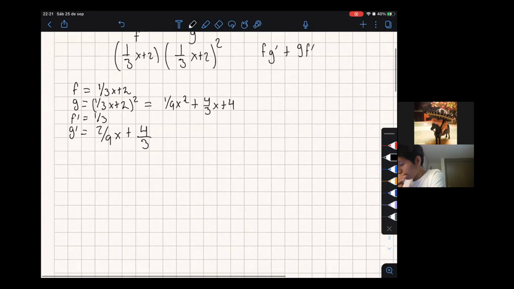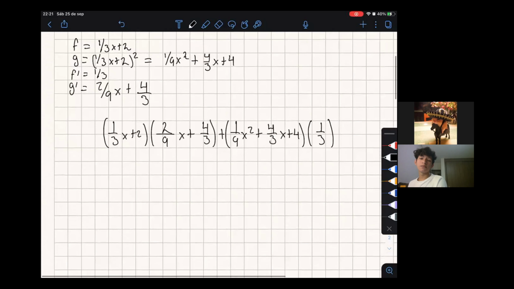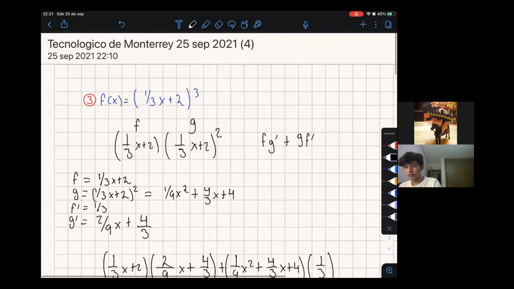We start with f and the derivative of g, that is 1 over 3x plus 2 multiplied by 2 over 9x plus 4 over 3. And we continue with the second ones, plus g and the derivative of f, that is 1 over 9x squared plus 4 over 3x plus 4 multiplied by 1 over 3. So we start multiplying everything to obtain our derivative of our function.